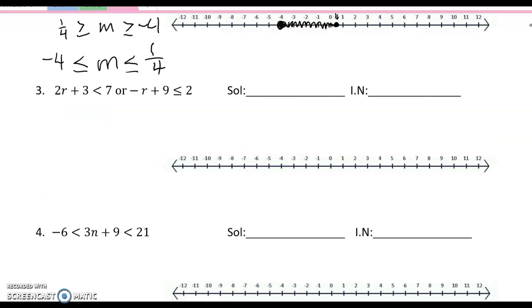All right, let's move on to example number 3 with those compound ors. See what you got. Again, with the compound or, you've got two totally separate inequalities. So you solve for the one on the left. You get r is less than 2.